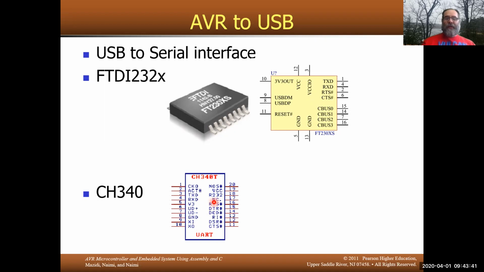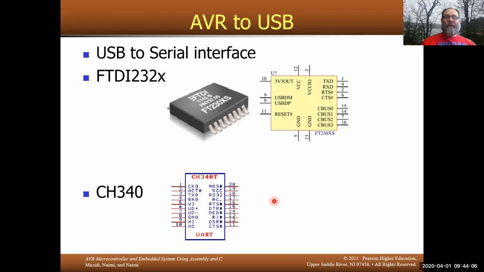On our 328, there are 2 pins, D0 and D1, that are receive and transmit, designed to emulate RS-232, not voltage levels, but bitwise. They are fed directly to this CH340 chip on the board, which connects to the USB on your computer.